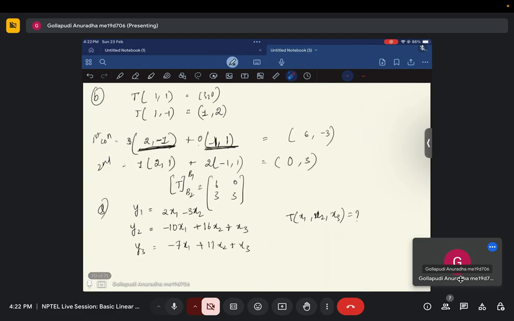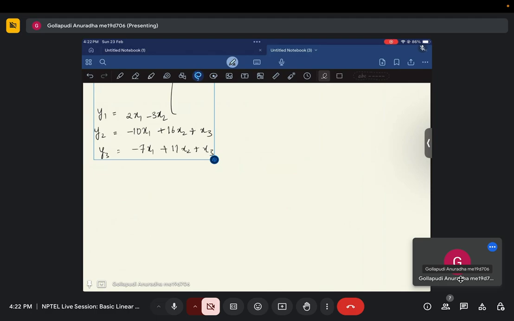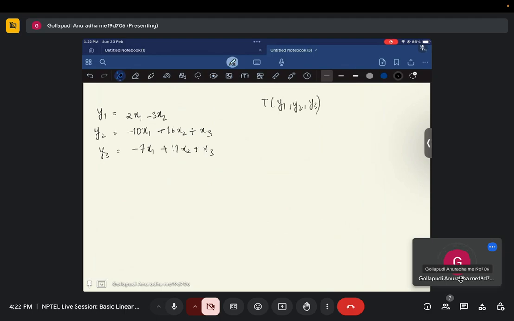You can take the standard basis for this.